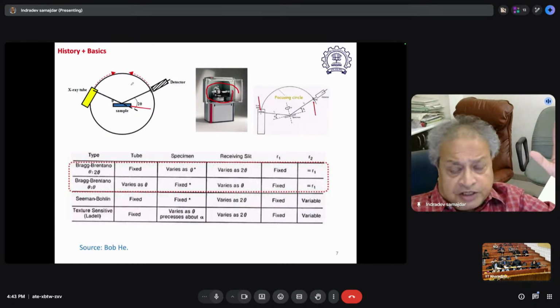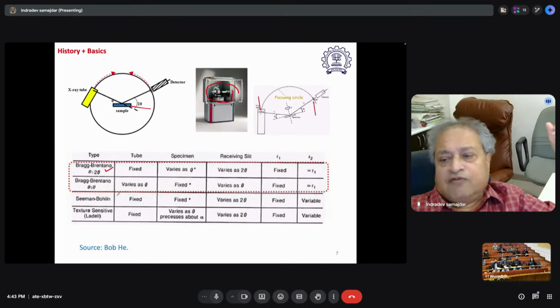So both tube and detector have the facility to move, and this is the simple theta-2theta measurement. You can make it more complicated. You can rotate the stage, spin it, but your primary geometry is Bragg-Brentano, which is theta-theta. Of course, you have the Schulz geometry, which is texture sensitive, and you have other geometries.